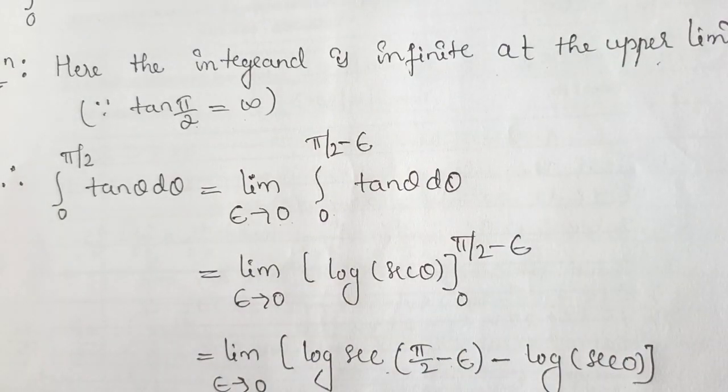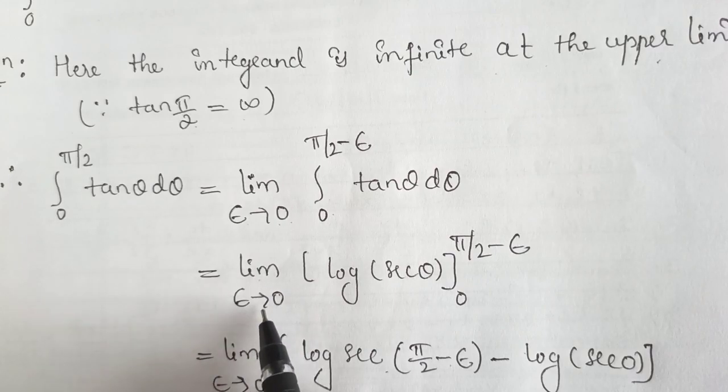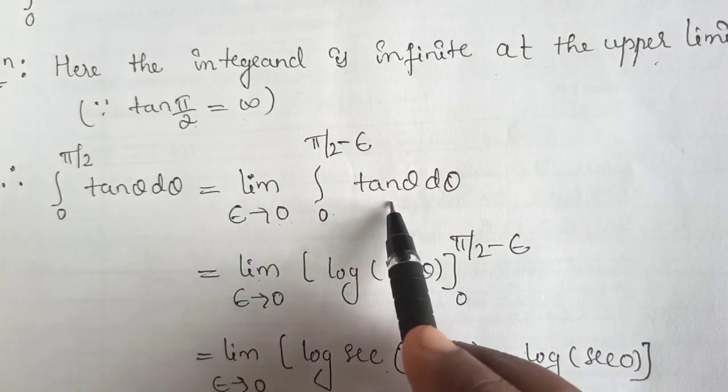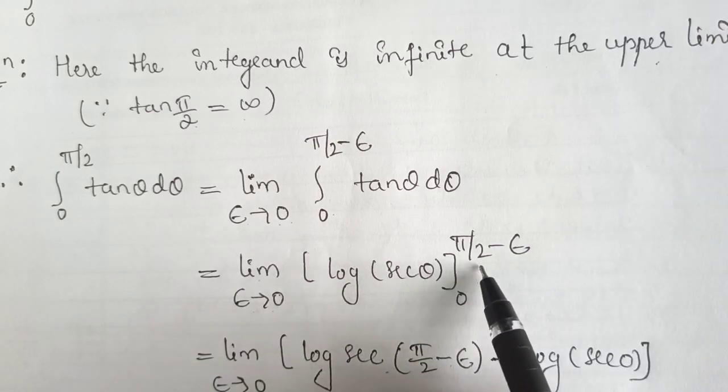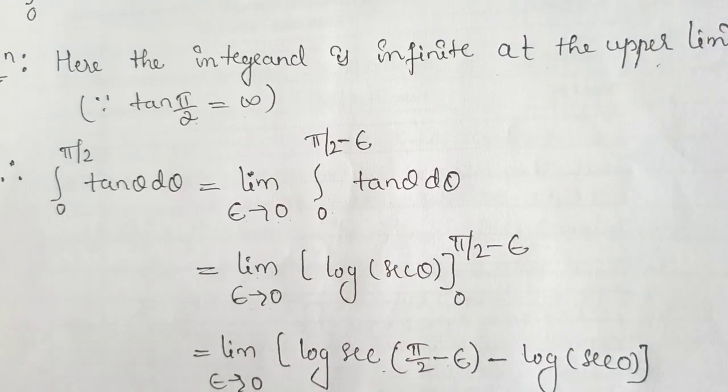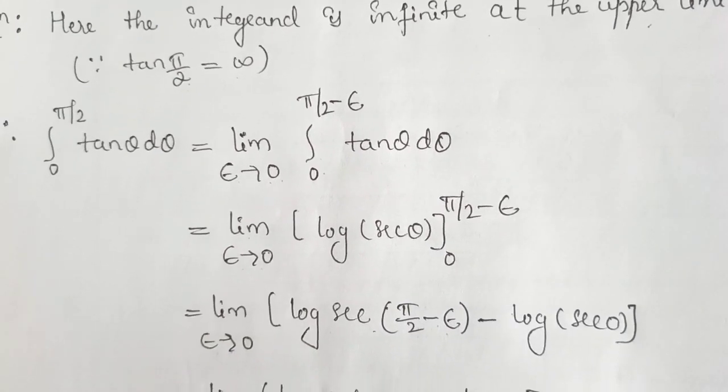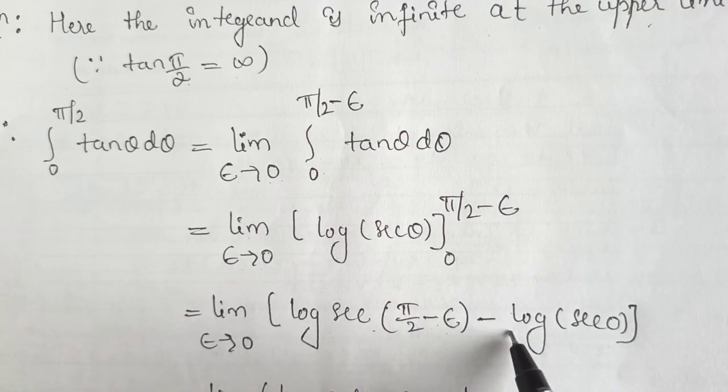Now this can be written as limit epsilon tends to 0. The integration of tan theta is log of sec theta. So log of sec theta from 0 to pi by 2 minus epsilon equals limit epsilon tends to 0 of log sec of pi by 2 minus epsilon, minus the lower limit, log sec 0.